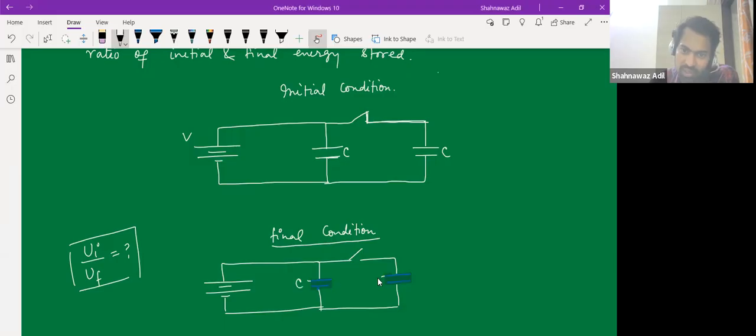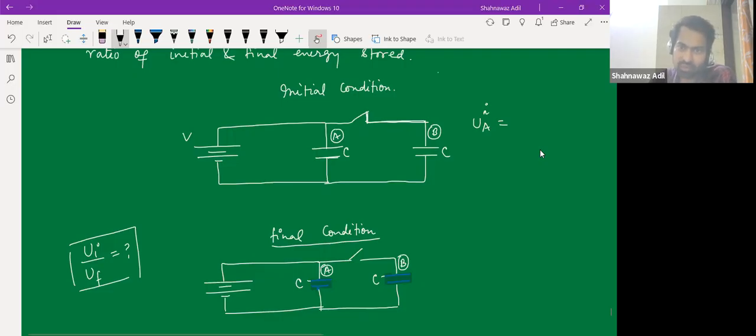So this is C, and this is K, the dielectric constant. Let's say this is capacitor A and this is capacitor B. So initially, what would be the energy stored in device A?